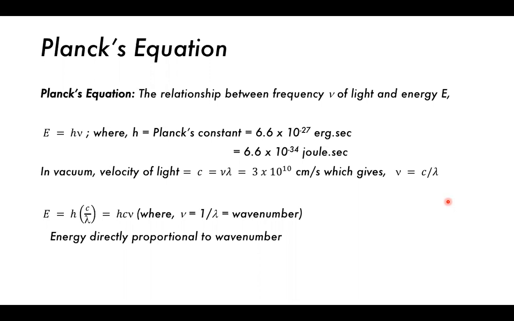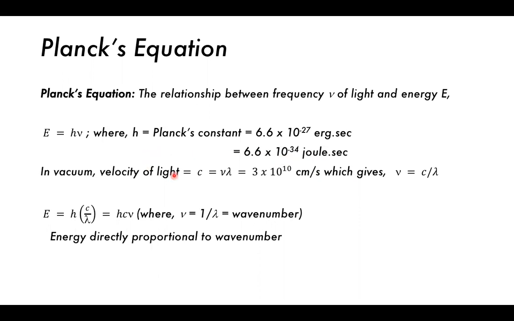This is the relationship between frequency of light and energy E. So E is equal to h nu, where nu is the frequency, and h is what's called Planck's constant, typically given in joule seconds. So it's 6.626 times 10 to the minus 34 joule seconds.